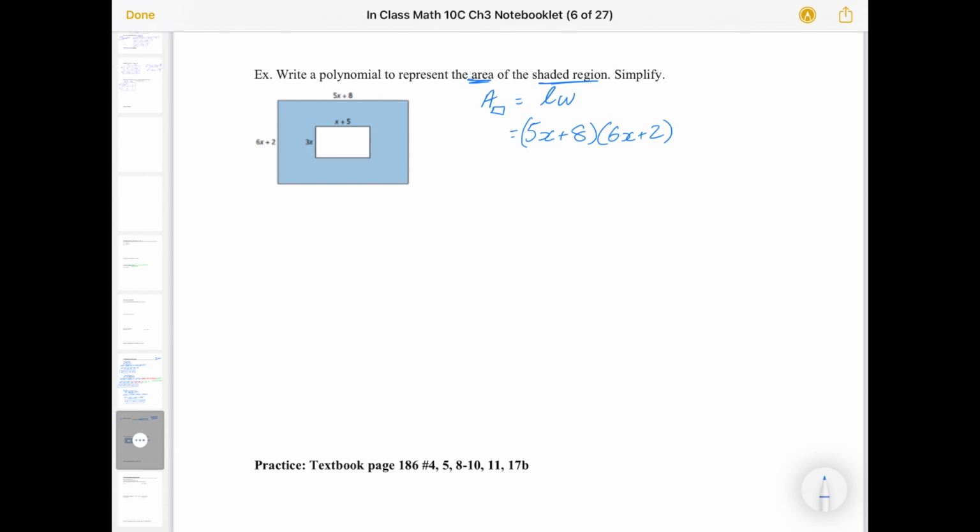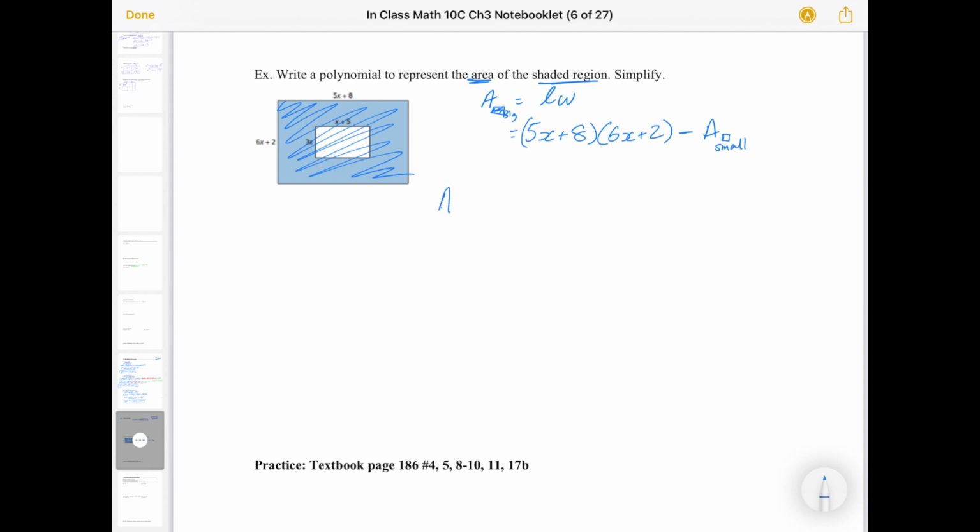That's the area of the whole big rectangle, though. That is the whole big rectangle. I want just the shaded bit. So I want the area of the big minus the area of my small rectangle.